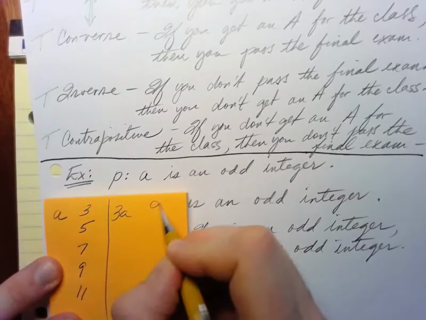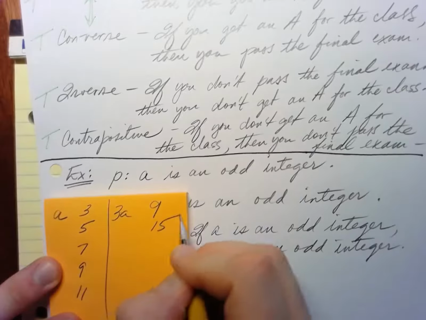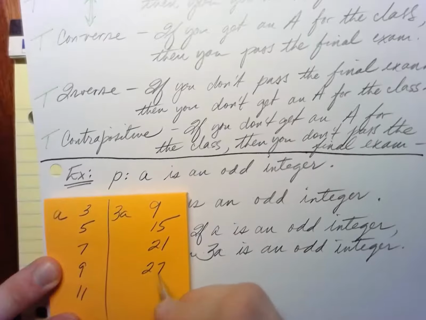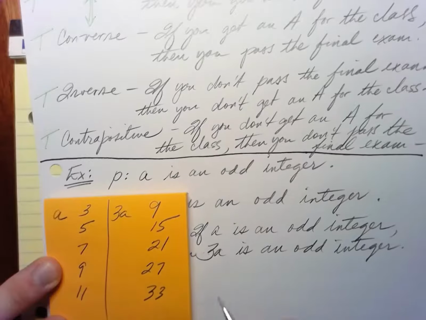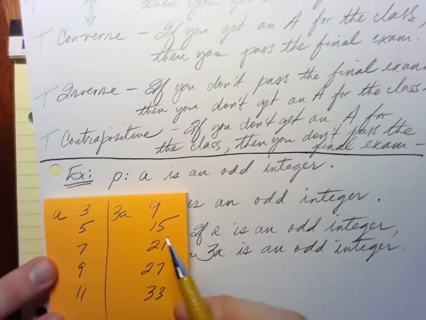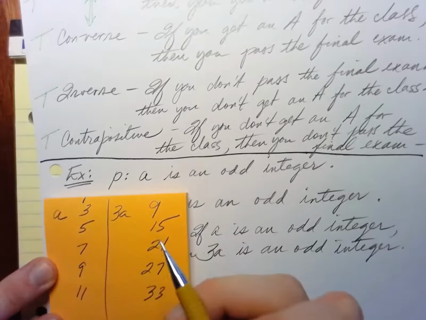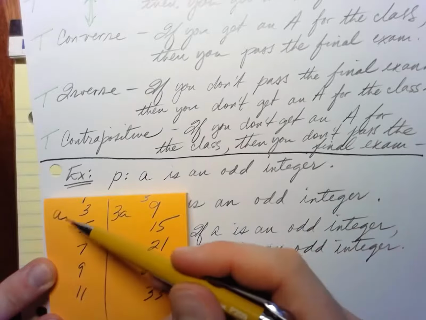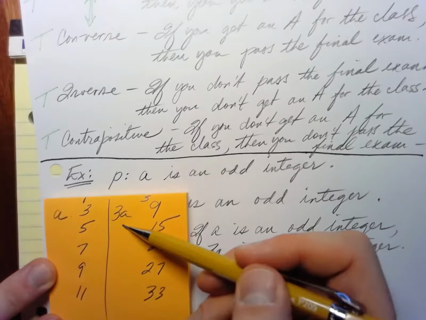Well, 3 times 3 is 9, 3 times 5 is 15, 3 times 7 is 21, 3 times 9 is 27, 3 times 11 is 33. It certainly looks like an odd one. I forgot about 1 up here, then 1 times 3 is 3. It certainly looks like if A is odd, then 3A is also odd.